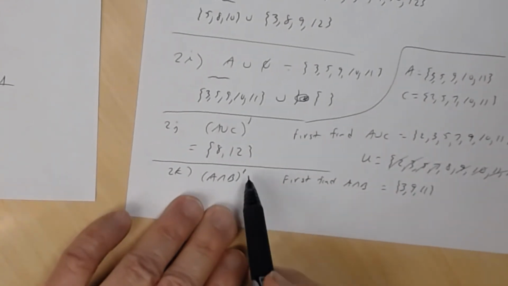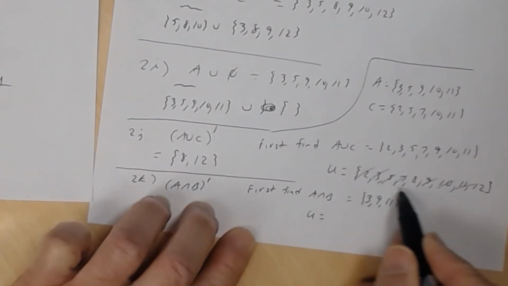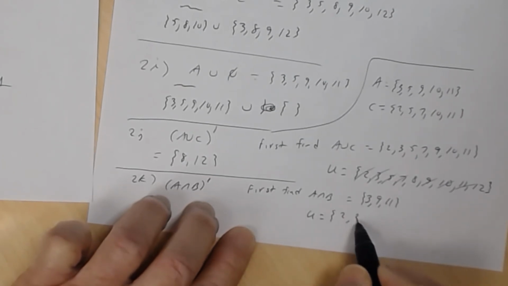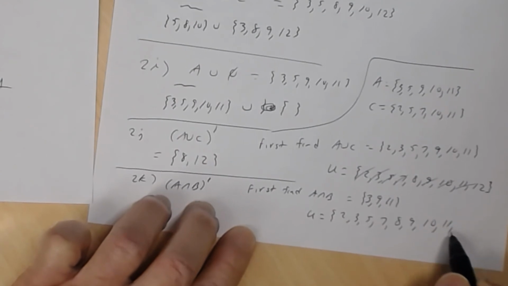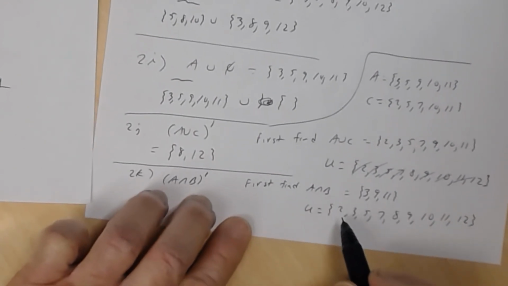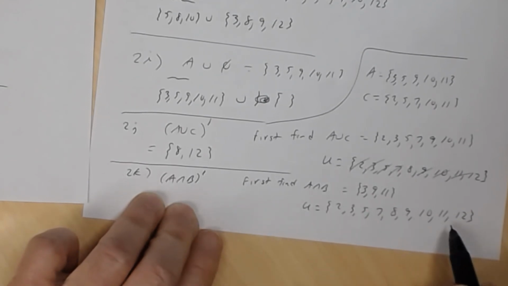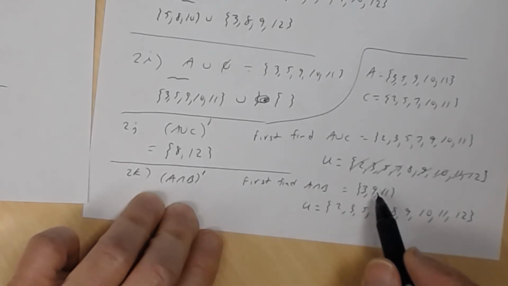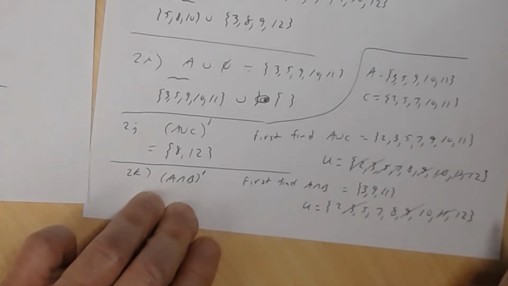Okay, so I want to find the complement. I need to go to the universal set, which is all this: 2, 3, 5, 7, 8, 9, 10, 11, 12. And the complement of the intersection would be every element that's left when I take these out. So I'm going to take 3 out, 9 out, 11.